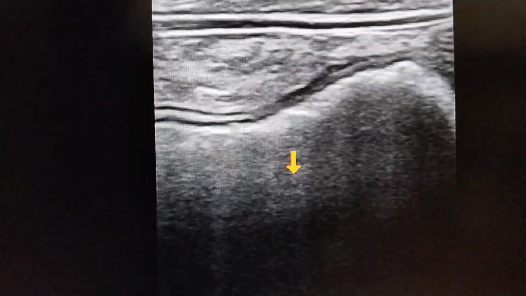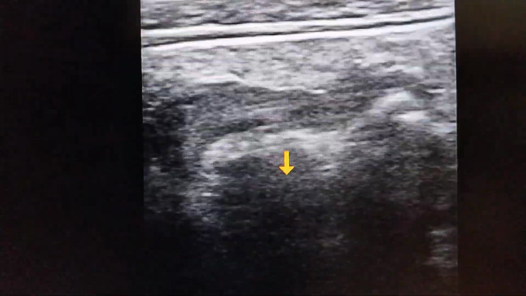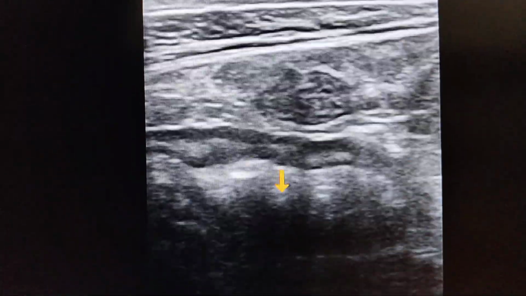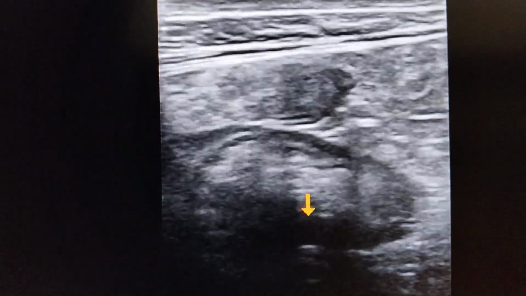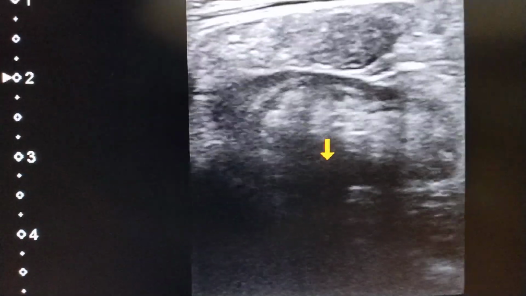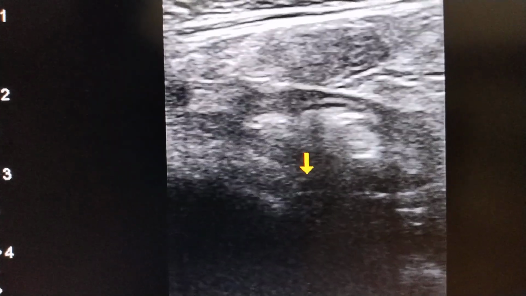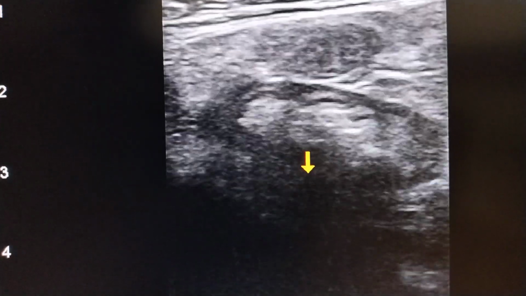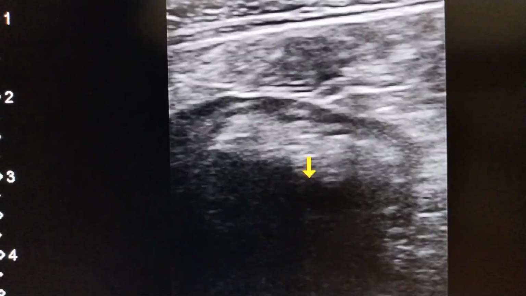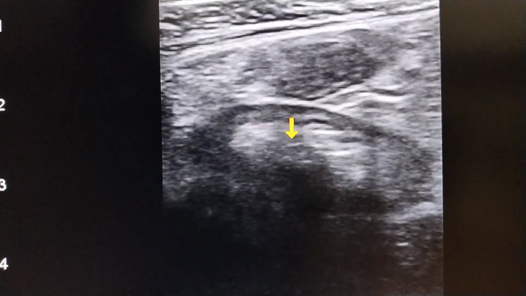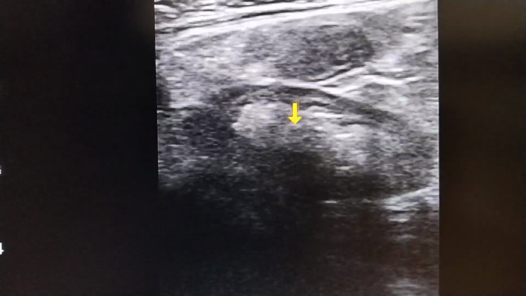Now I have reached the cecum. This is the cecum. Here somewhat the lumen is preserved, having contents.